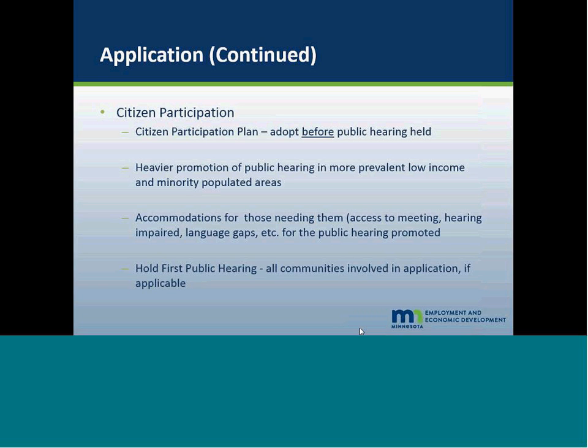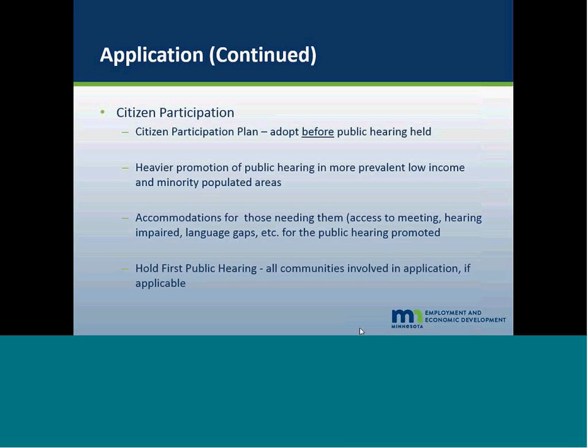So again, your plan should be adopted before the public hearing is held, not at the same time, or else you're not providing the public with any expectation of what your plan is. You're just adopting something.